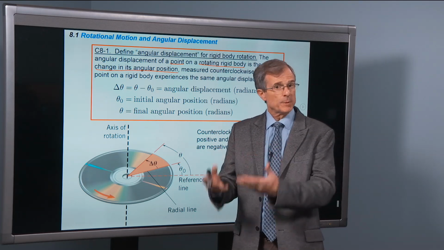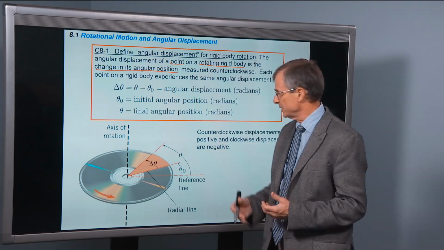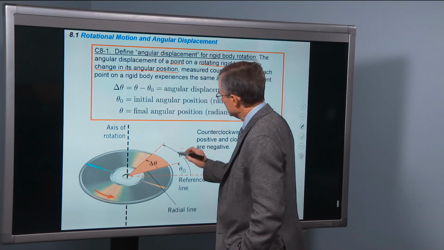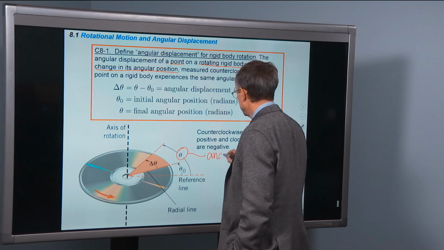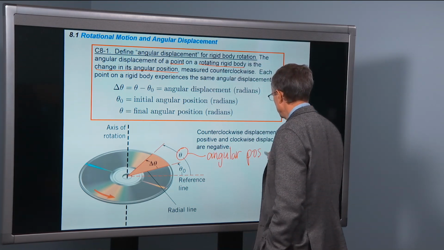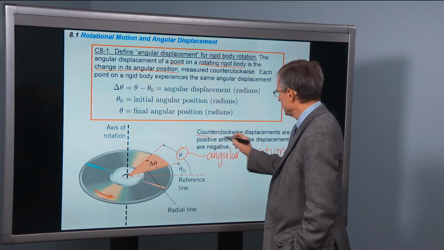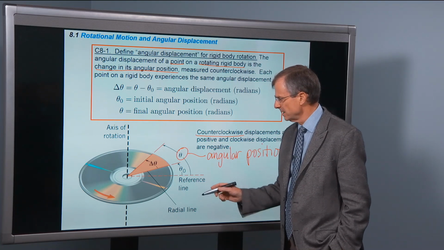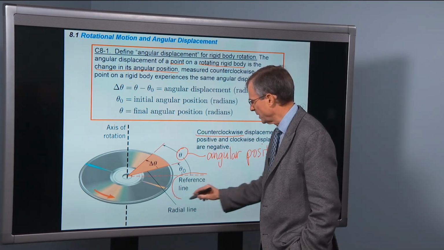Here, the displacement is going to be the change in angular position. The angular position is measured by an angle theta. It's normally measured counterclockwise from some axis, some reference line.